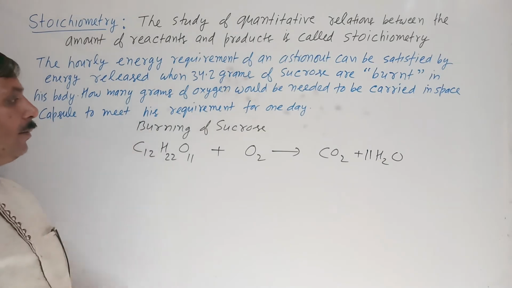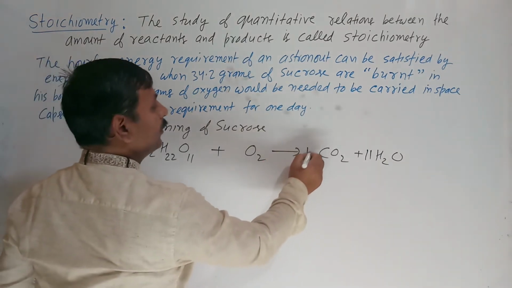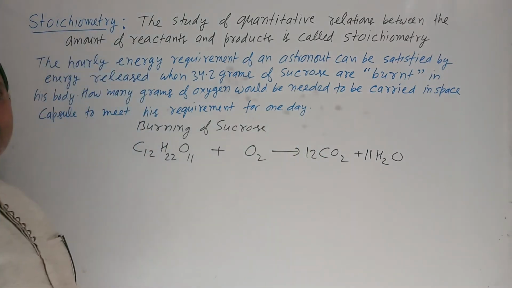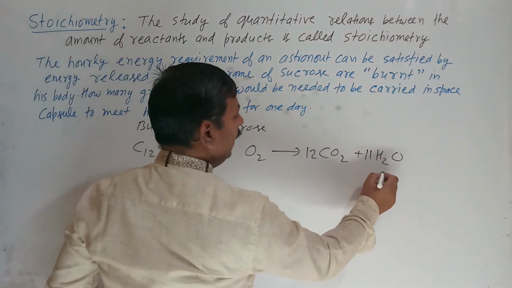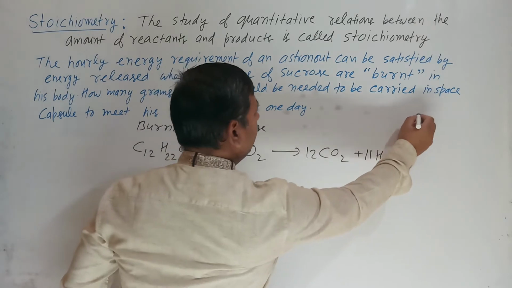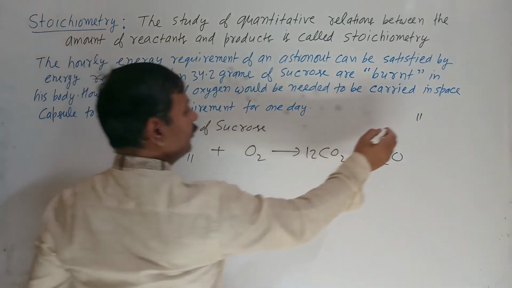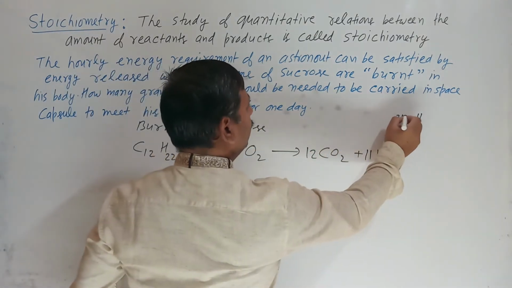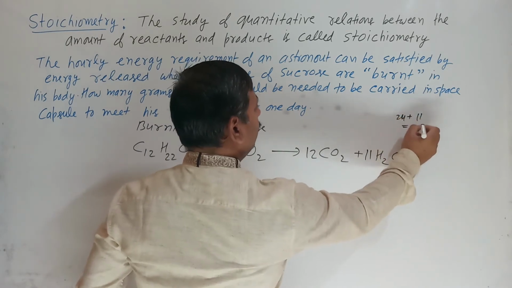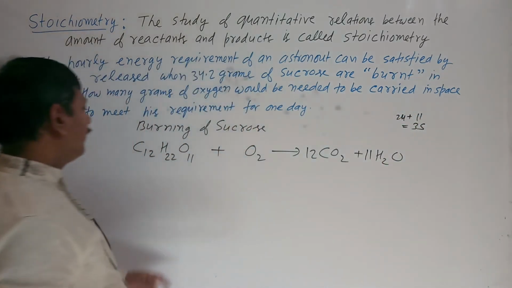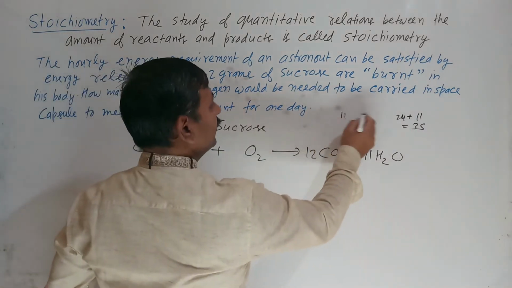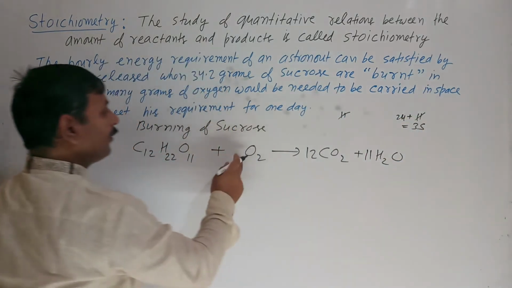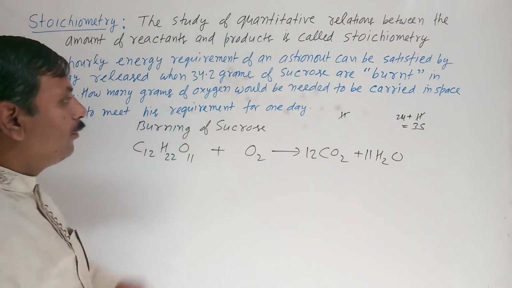See, carbon 12 here, it requires 12 carbons. So how many oxygens will? 11 oxygen is here, plus 12 twos are 24. So this becomes 35. Here we can see 11 is there, 11 cancel, you can say. So how many oxygen molecules will form?